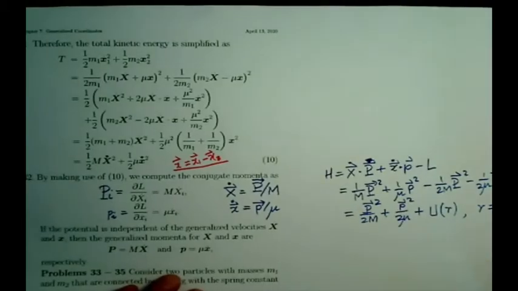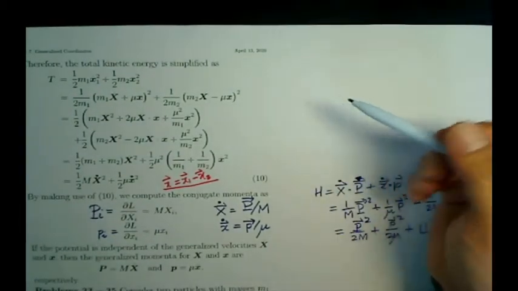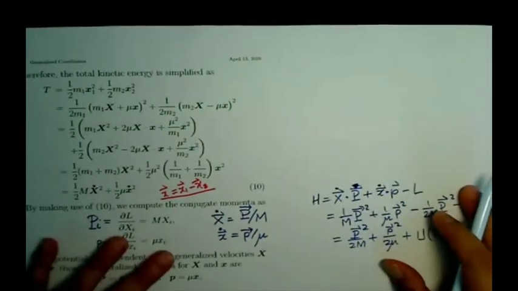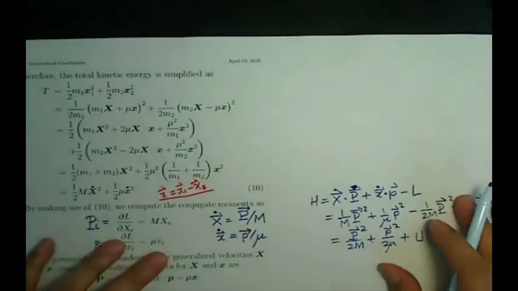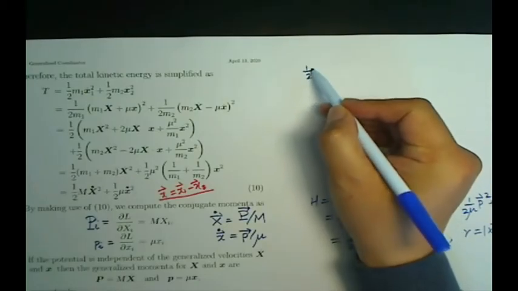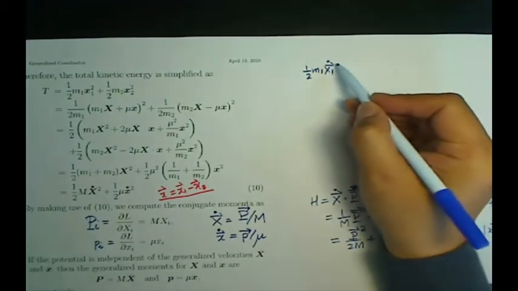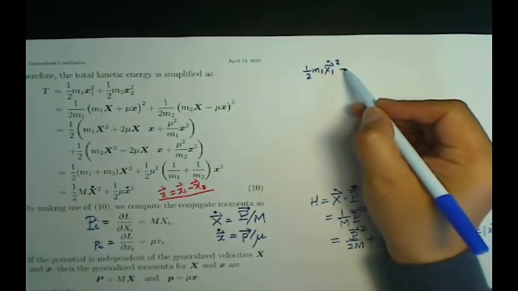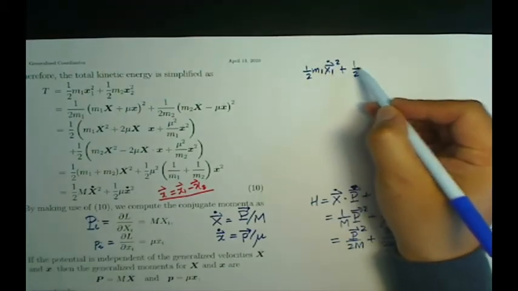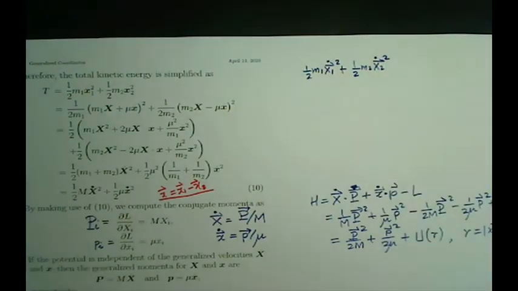Alright, so let us compute the kinetic energy of the two particles. So 1/2 m1 x1 dot squared plus 1/2 m2 x2 dot squared.